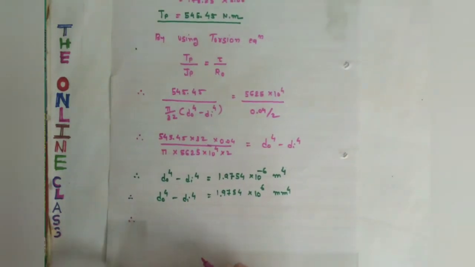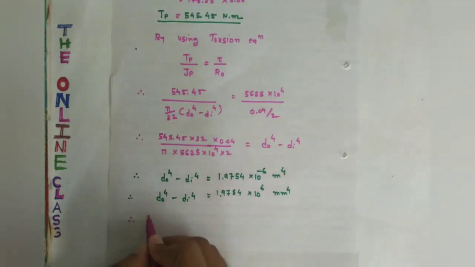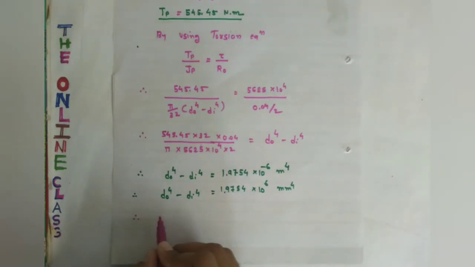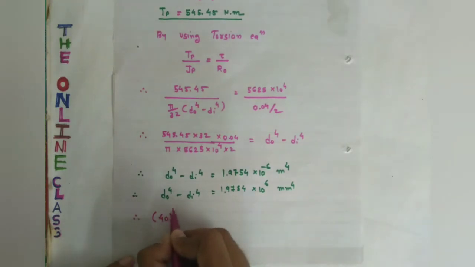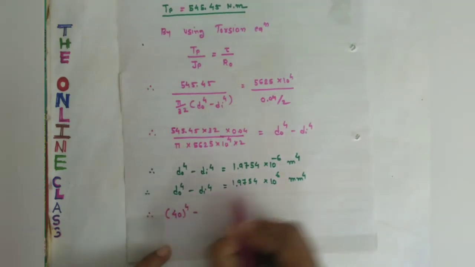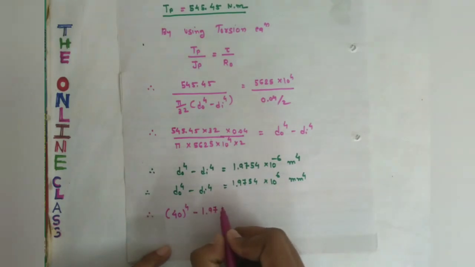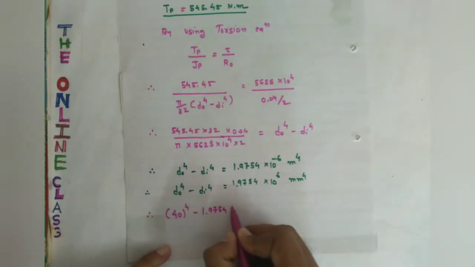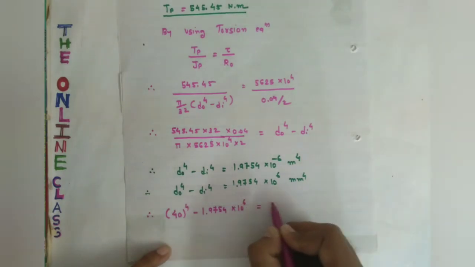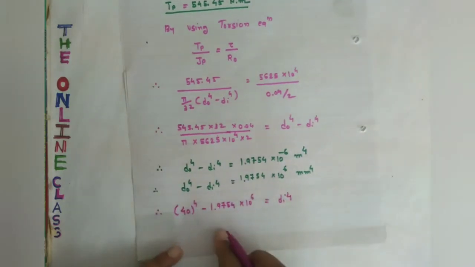DO value taken in mm: DO is equal to 4 centimeter, so DO is equal to 40 mm. So minus this value, 1.9754 into 10 raised to 6, is equal to DI raised to 4.